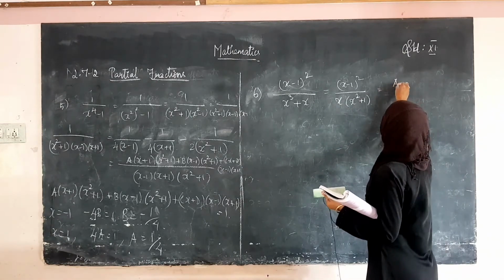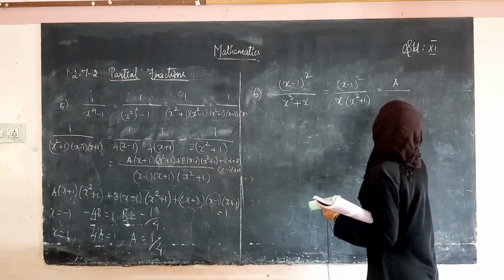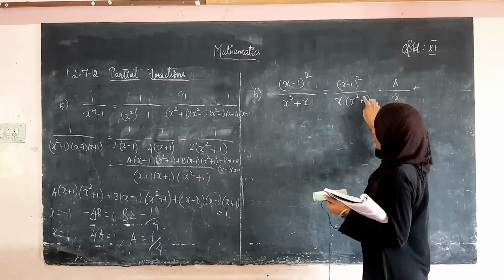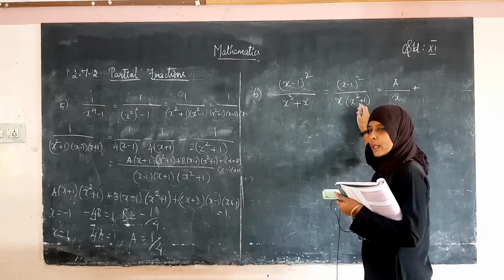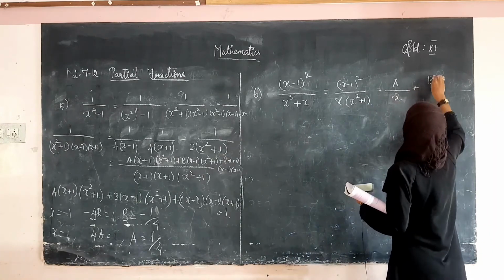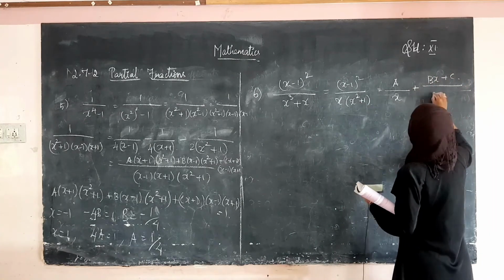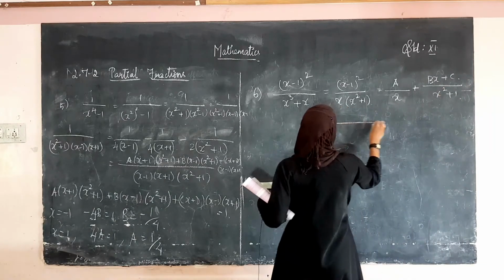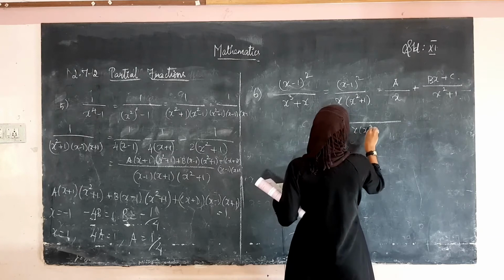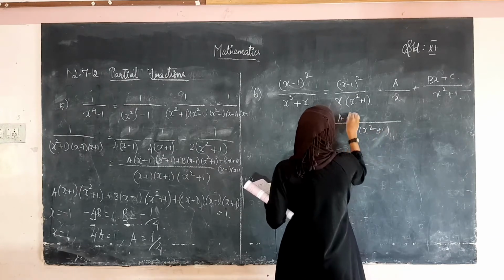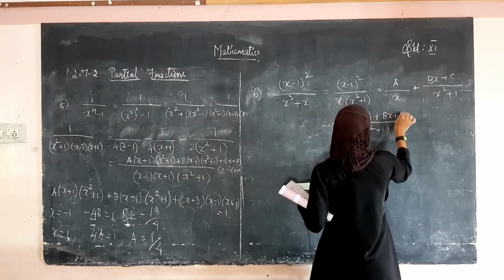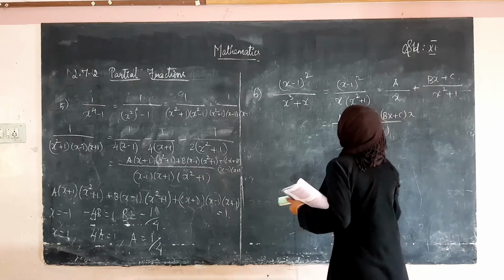It is equal to a divided by x plus, see this cannot be factorized, x square will be equal to minus 1, therefore bx plus c divided by x square plus 1. So while taking LCM, what we get? We get x into x square plus 1, a into x square plus 1 plus bx plus c into x.